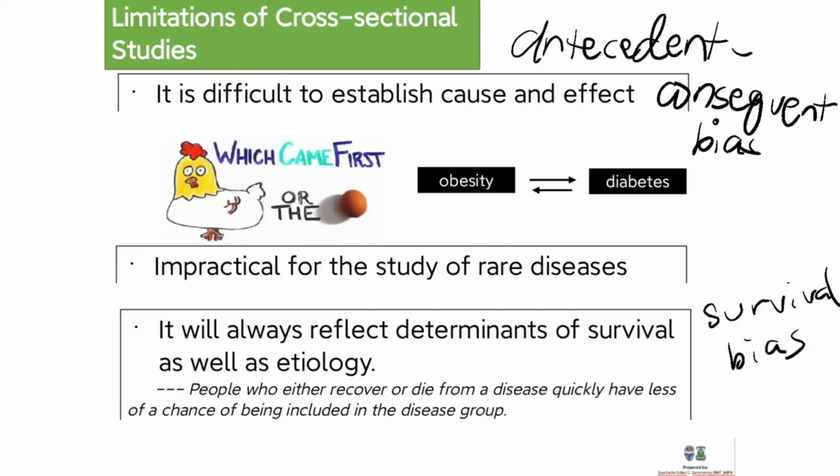kunwari smoking and lung cancer again, no? Okay. So, yung mga nag-i-smoke tapos nag-develop ng lung cancer, nangamatay sila agad. Tapos yung ibang nag-i-smoke na natira, wala silang lung cancer. Tapos yung mga non-smokers, dahil hindi sila continuously nag-i-smoke, okay, second-hand smoking lang, they develop lung cancer, hindi pa sila namatay.